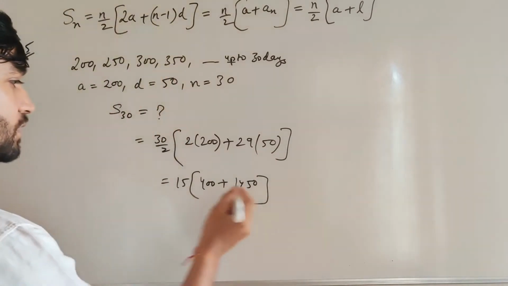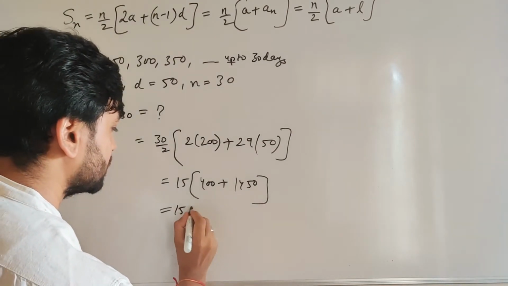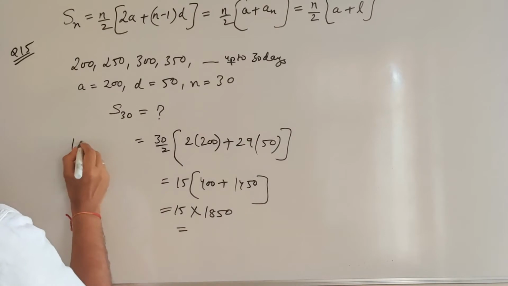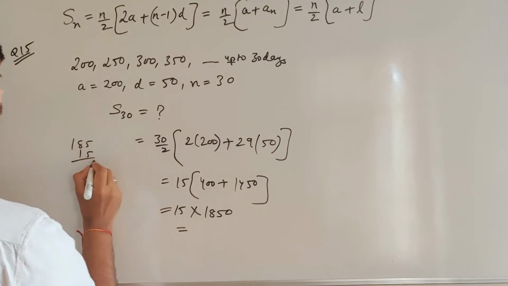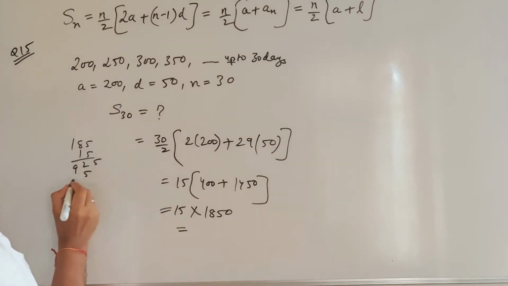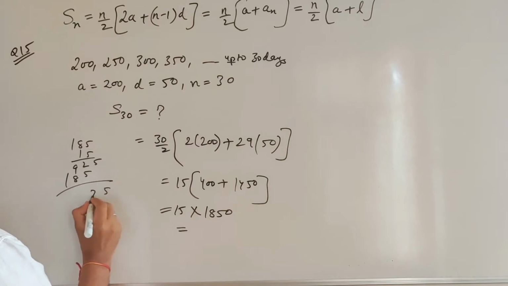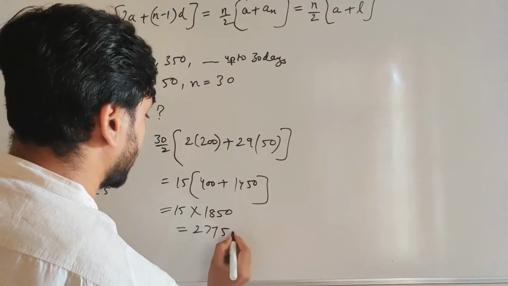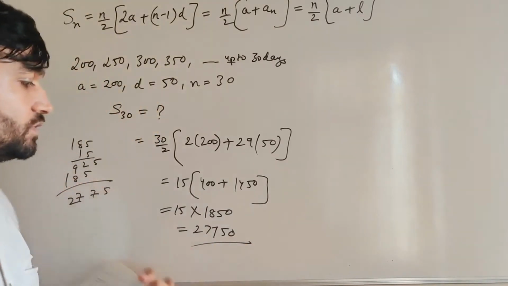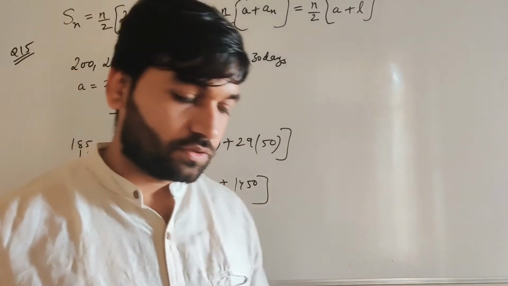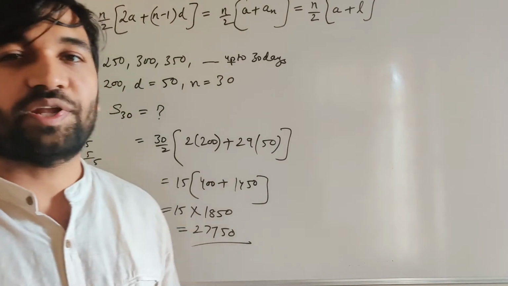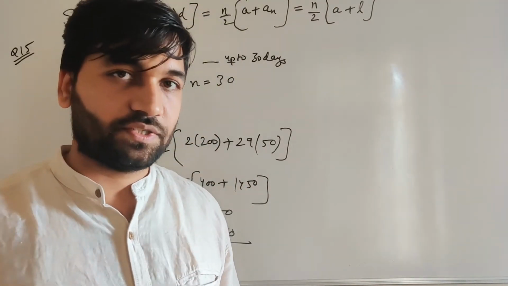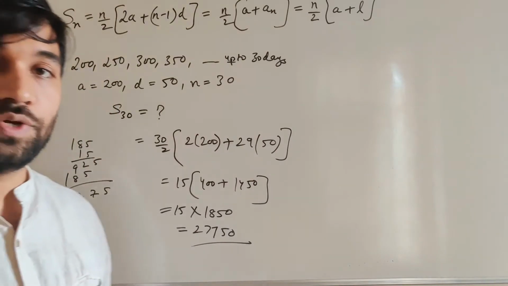So this will give you 1850, and 15 into 185 we will quickly multiply. So we get 2775 and 0. So that is your final answer. This is the sum of all the individual penalties for these 30 days. So that's your answer. That's how we solve this question.